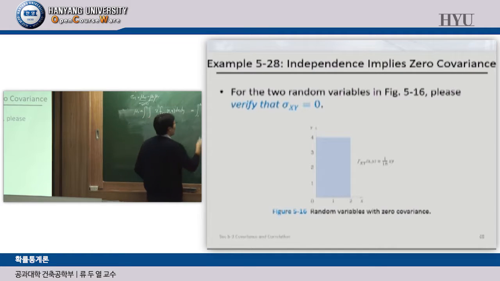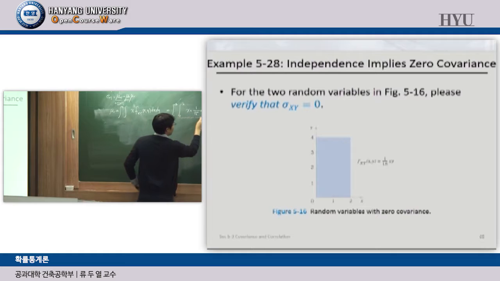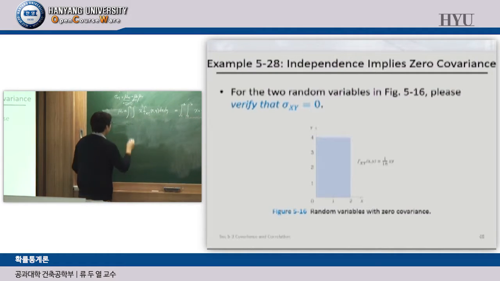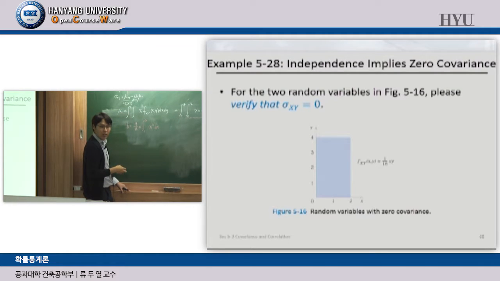And in here, we are going to calculate this term first. We can say this is the small b. Small b is equal to y over 16 by the integration from 0 to 2 of x squared dx.